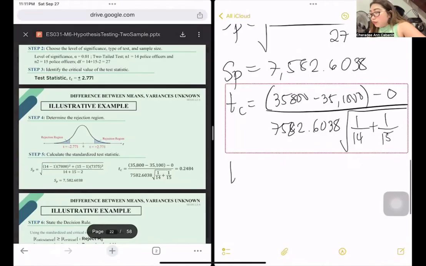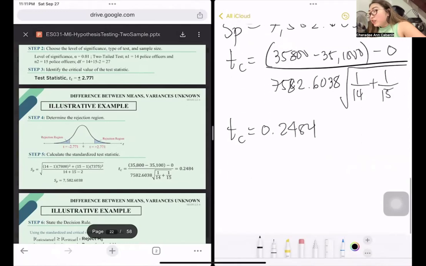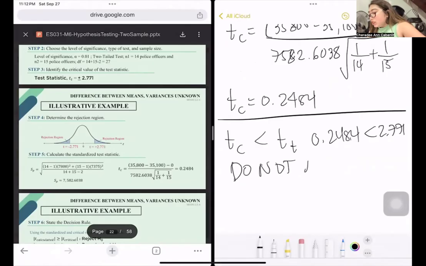Therefore, your T computed is very small, 0.2484. Obviously, your decision is that T computed is less than your T table, 2.771. So 0.2484 is less than 2.771. That means do not reject H0.